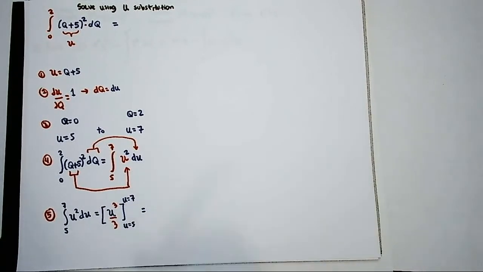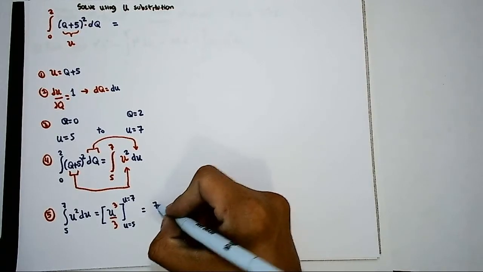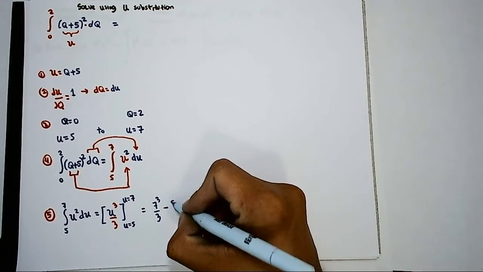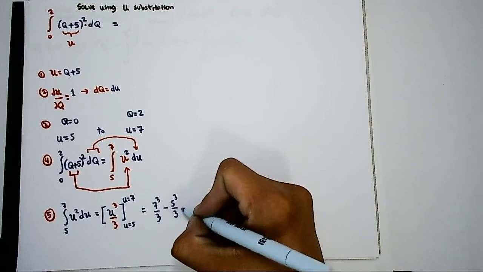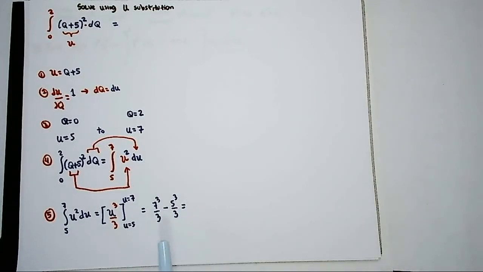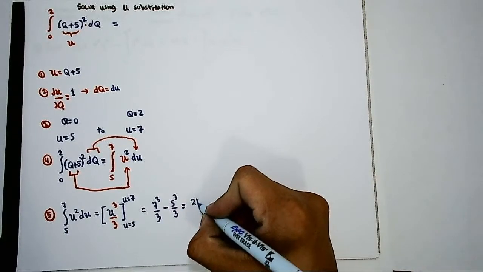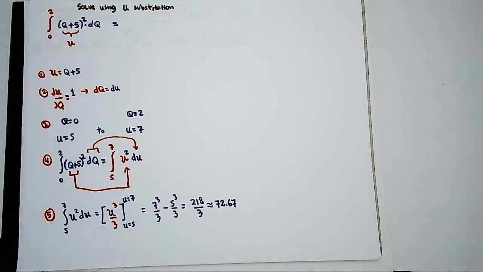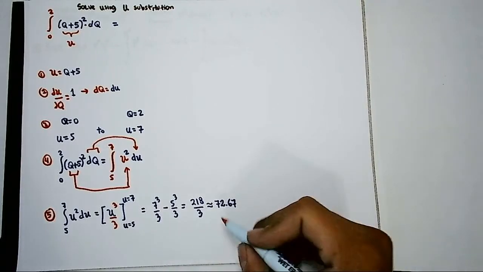This is equal to 7 to the third divided by 3 minus 5 to the third divided by 3. 343 minus 125 is 218, and everything divided by 3 is approximately 72.67.